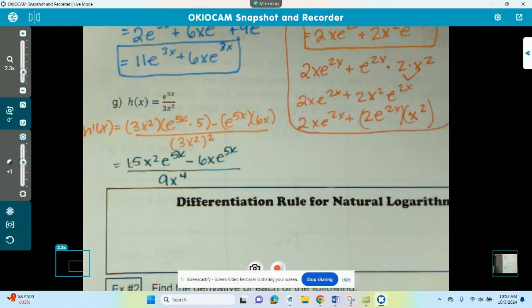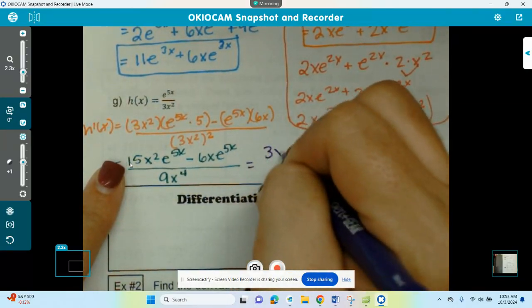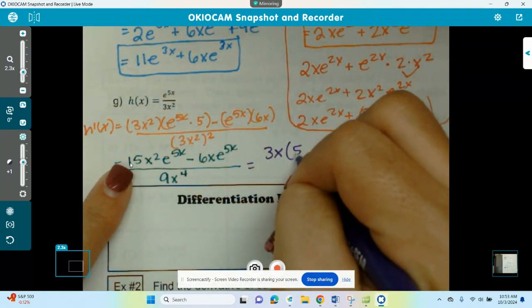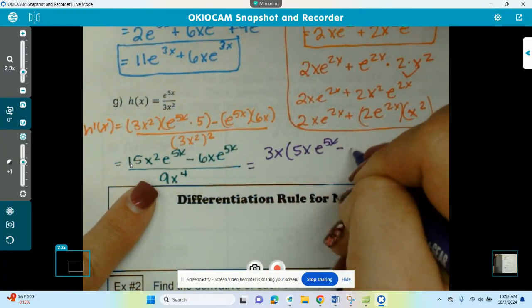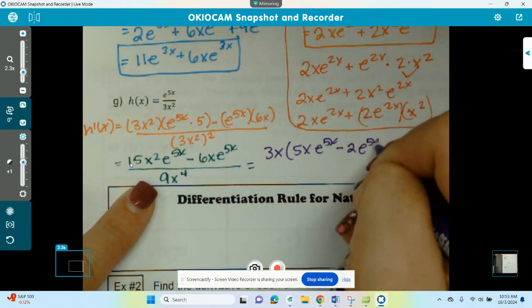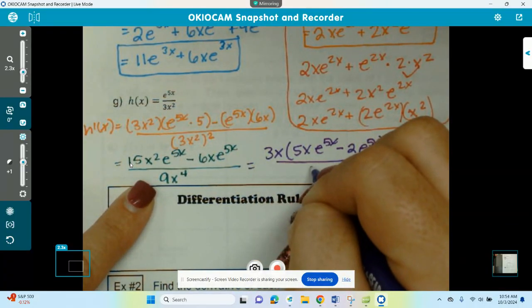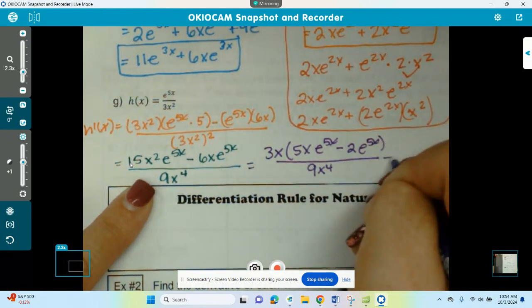Okay. Now I'm going to write that out, but normally I don't write that out for myself. So basically we're factoring out a 3x. When I do that, I'm left with 5x e to the 5x minus 2 e to the 5x over, oh, that stays the same, 9x to the 4th, sorry, because I haven't simplified yet.